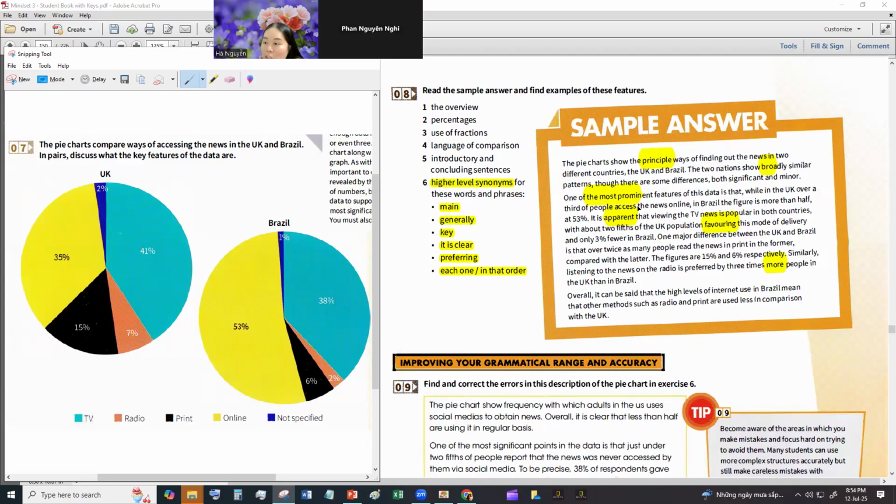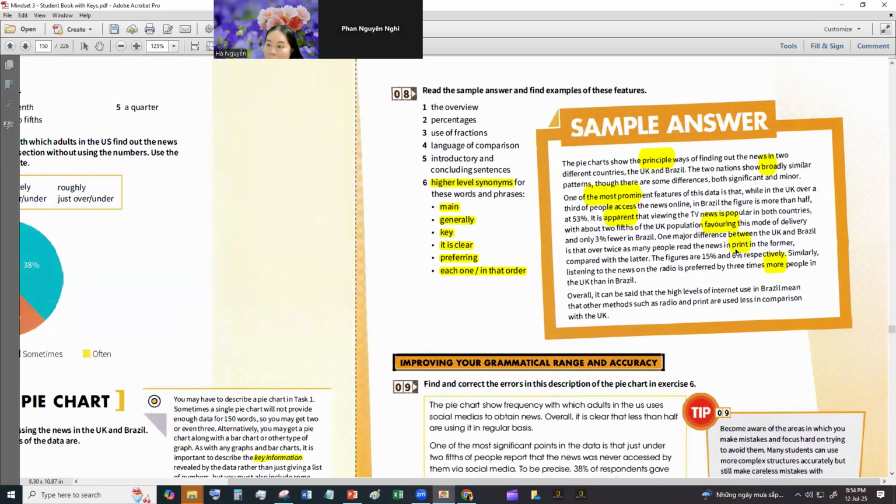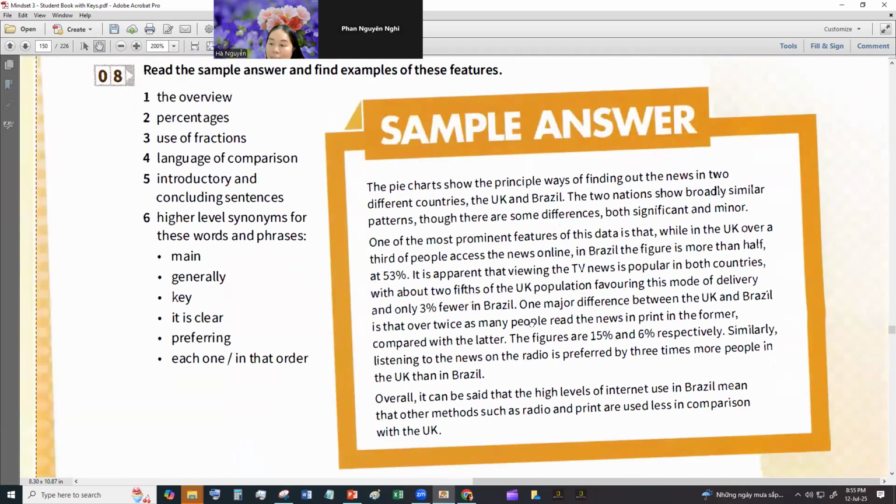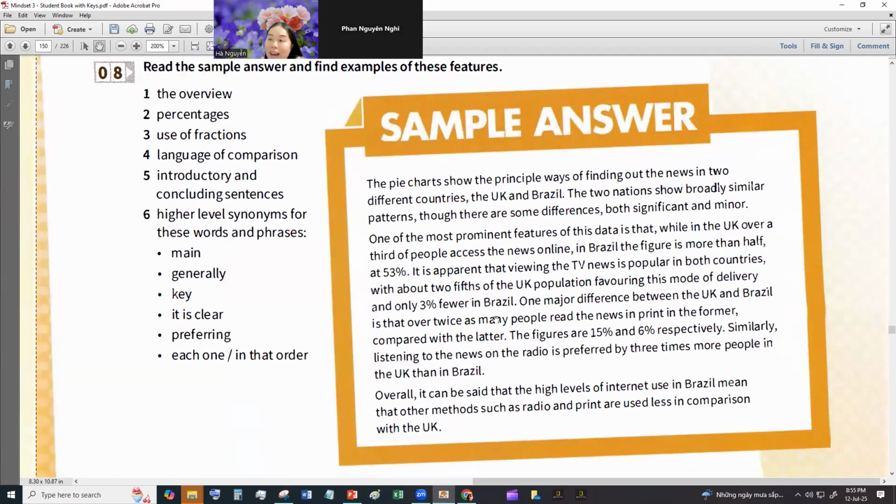Let's see. One major difference between the UK and Brazil is that over twice as many people read the news in print in the former compared with the latter. So here, read the news in print in the former. Oh, it's so hard to highlight with this book. Okay, let me zoom in a little bit. So respectively is in that order.